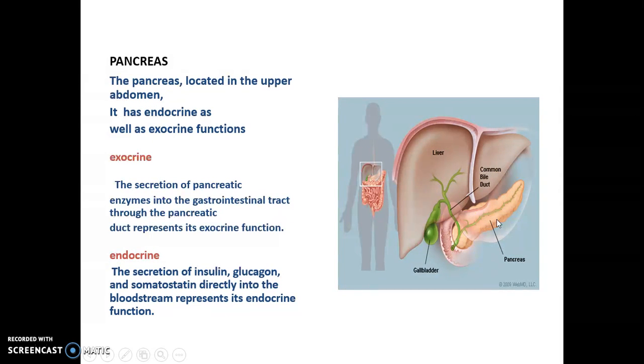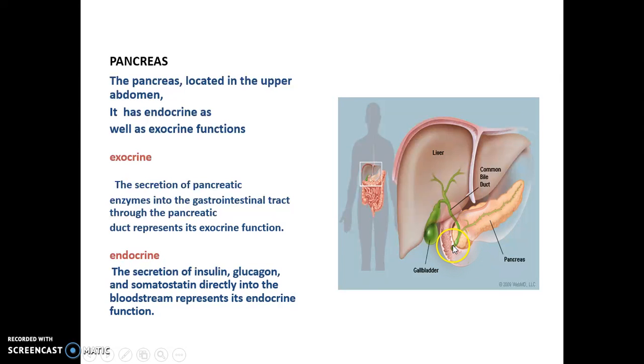Let's see each part. The exocrine function is the secretion of pancreatic enzymes into the gastrointestinal tract through the pancreatic duct. Here you can see the pancreas and its pancreatic duct. This pancreatic duct goes to the gastrointestinal system, I mean the duodenum.